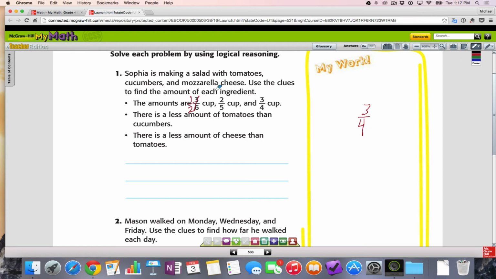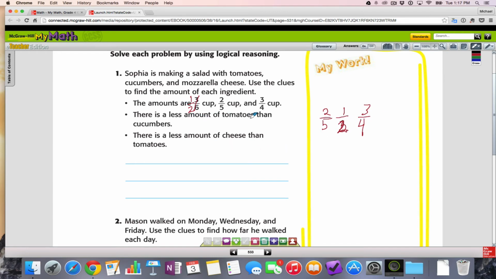And so now I need to decide which is bigger, 2/5 or 1/2. Well, I think that 2.5 is the same as 1/2. There's half of 5. And so 2/5 is smaller than 1/2. So my fractions would go in this order: 2/5, 1/2, and 3/4.